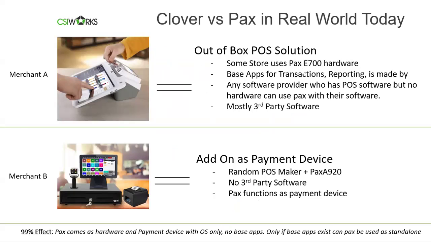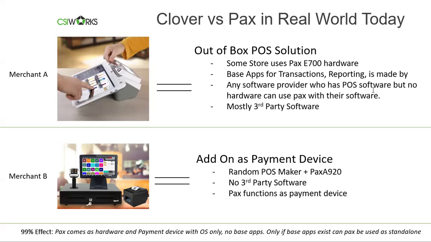Base apps for transactions and reporting are made by any software provider who has POS software, but no hardware, and they can use PAX with their software. What I'm trying to say here is that PAX on its own doesn't make any base software.